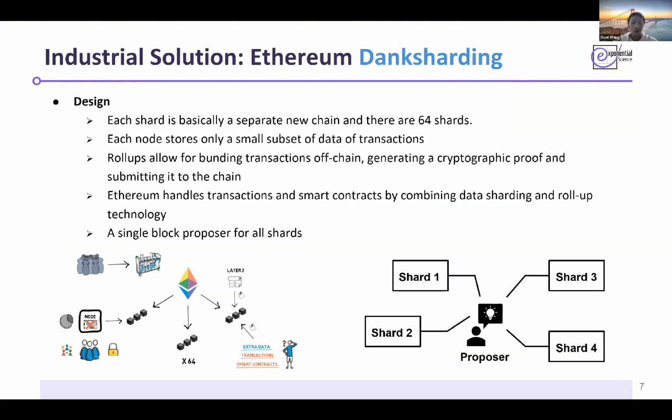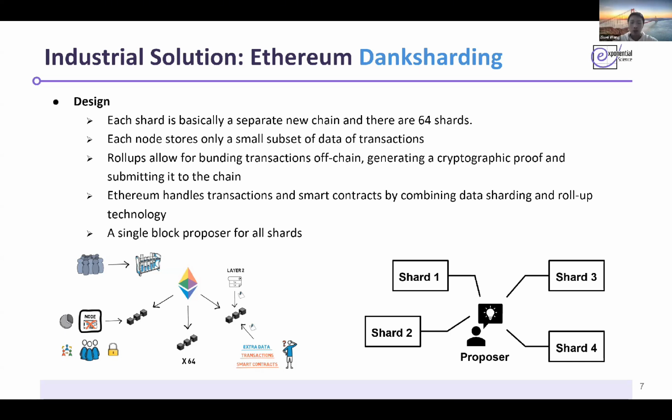In terms of sharding applications, several blockchains in the industry have already implemented sharding technology to improve scalability and reduce transaction fees. Ethereum sharding divides the network into 64 new chains, also known as shards. Similar to what was discussed earlier, each node only stores a subset of the transaction data.